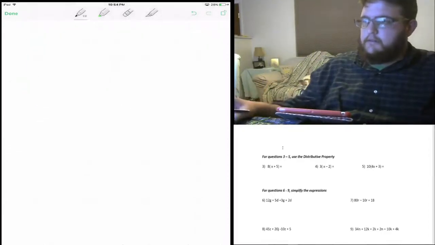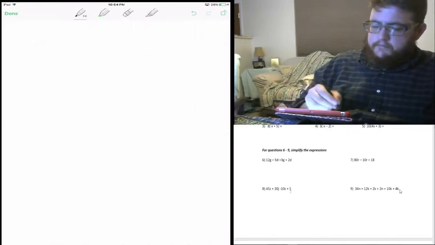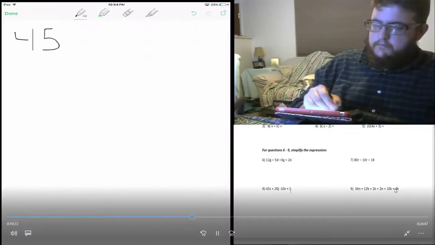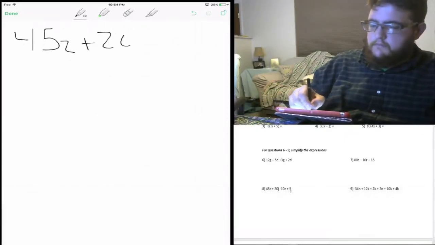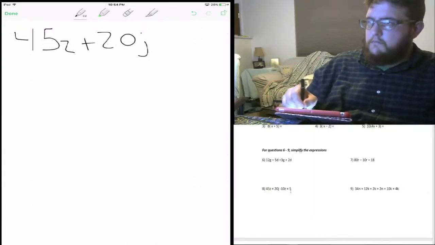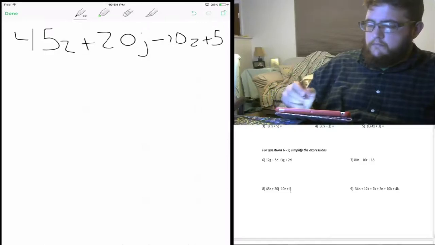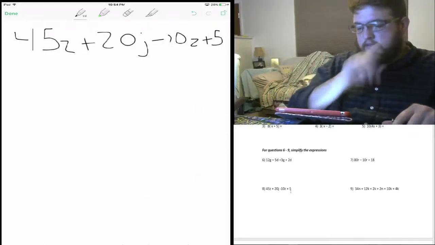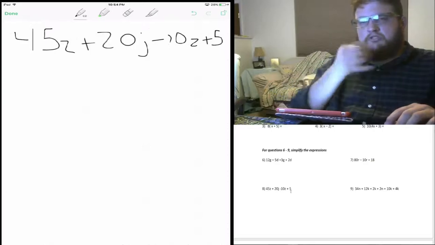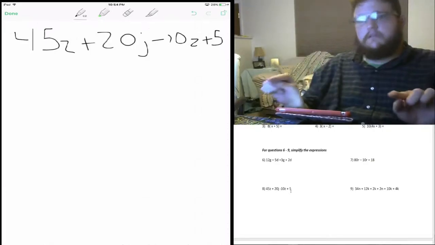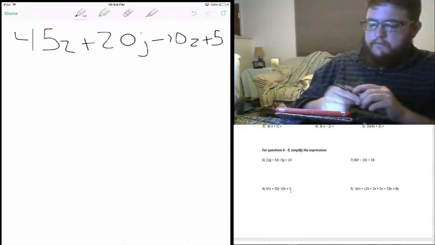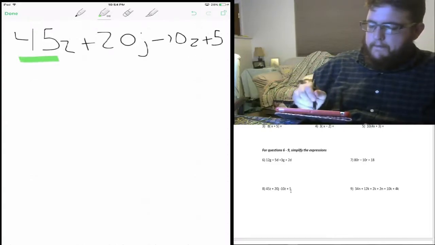Alright, number 8. 45z plus 20j plus 10z, or minus 10z, excuse me, plus 5. So we've got one term with j and two terms with z's and one constant. So let's combine the z's since we've got some like terms there.